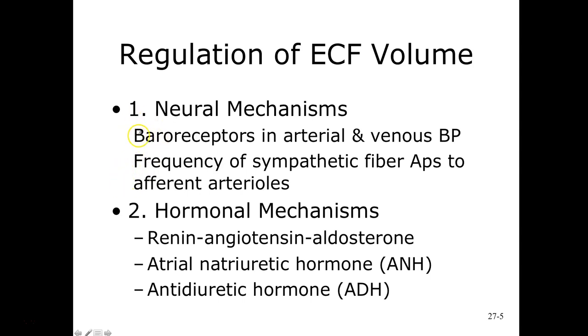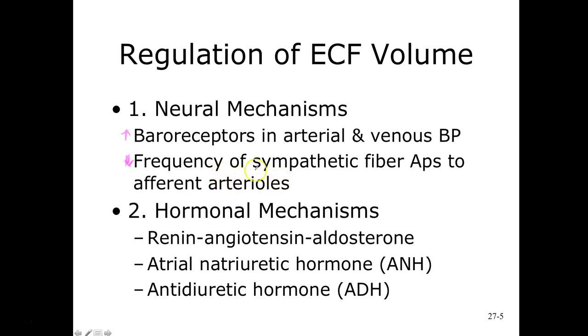So what can happen is our baroreceptors within our arterial and venous blood pressure, if that is going to, let's say, increase, okay, we have an increase in our blood pressure we're sensing, then that means that we are going to actually have a decrease in the frequency of our sympathetic fiber action potentials to our afferent arterioles that we would find in our kidneys.